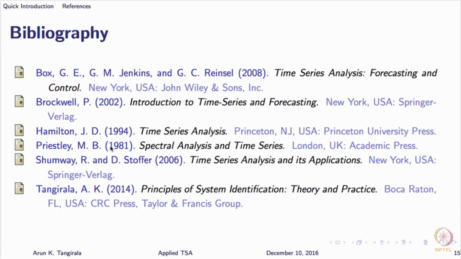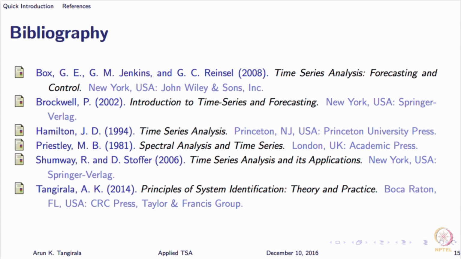And then you have the other book, which is authored by me, although it has been originally written for system identification. System identification is an extension of time series analysis, where some causes are known, not all causes are known. These are exogenous signals, external signals. So, not much different from time series analysis.